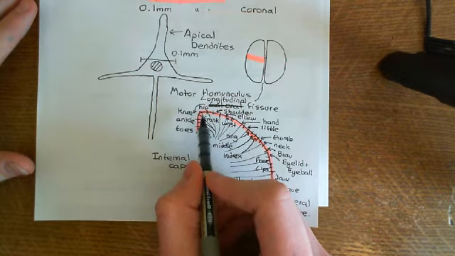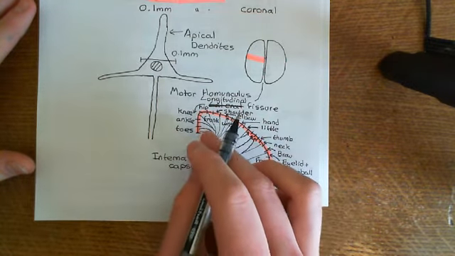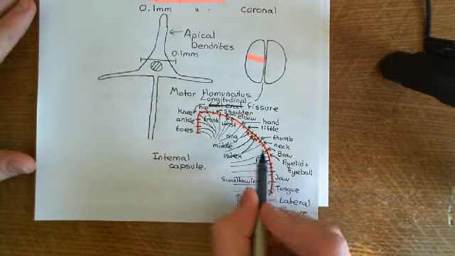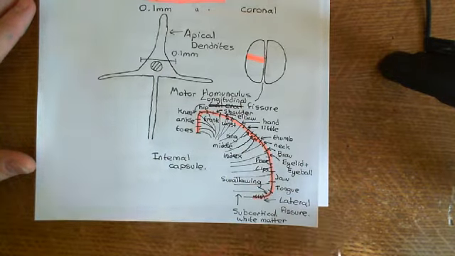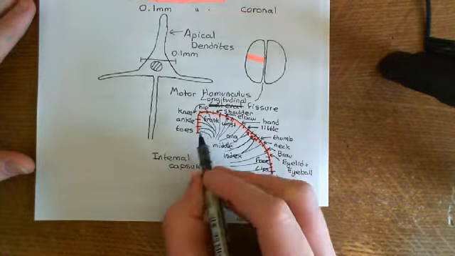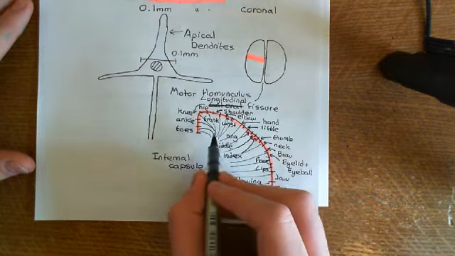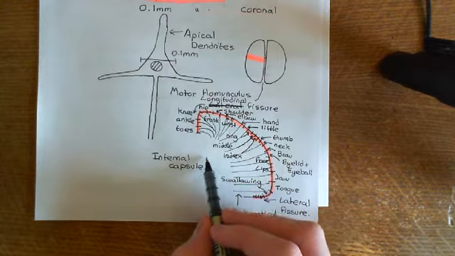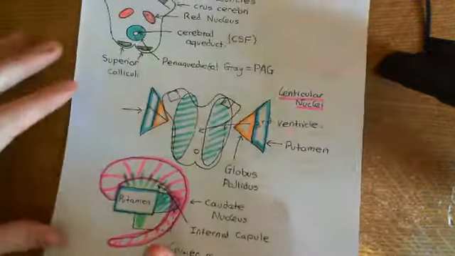Depending on the area of the skeletal muscles which the lower motor neuron, which it's going to synapse onto, is going to innervate, it will be in a specific area. So there is this motor homunculus depending on which area it's actually going to cause movement in. These BET cells will send their axons into the subcortical white matter, and then they'll converge to the internal capsule, which we've got shown here.